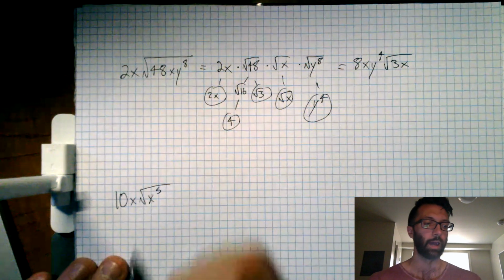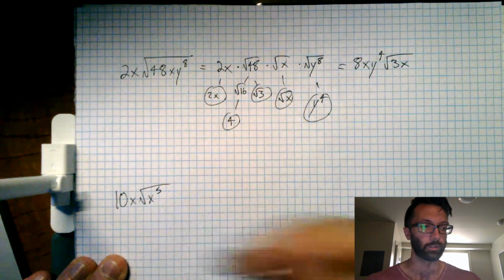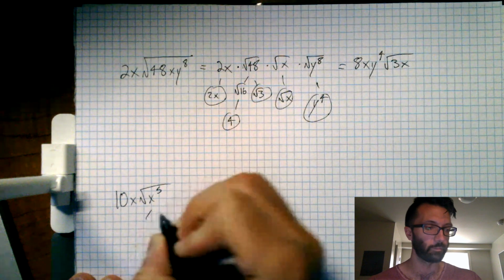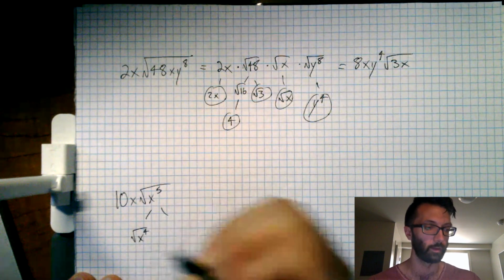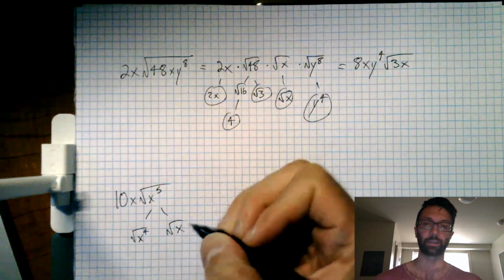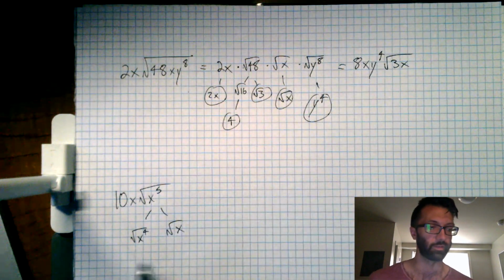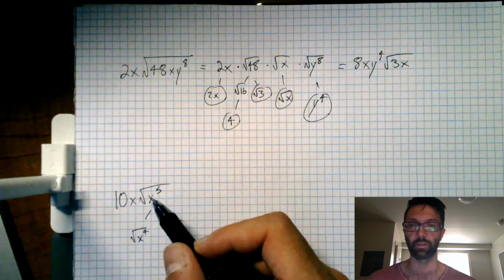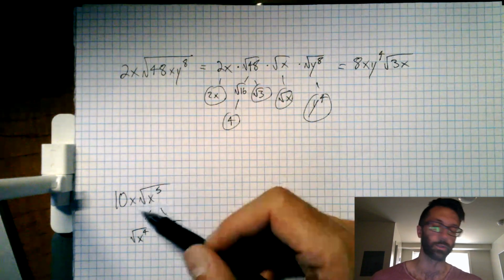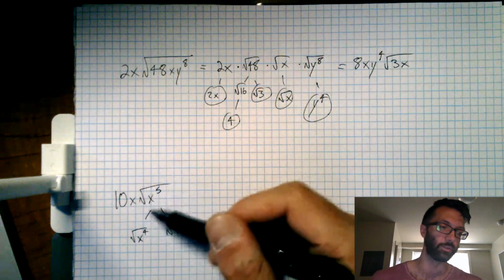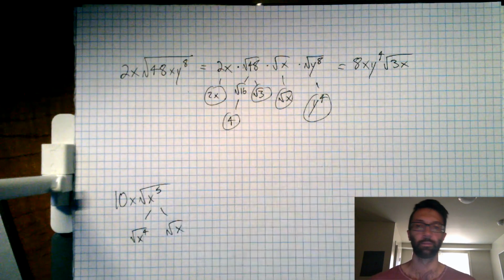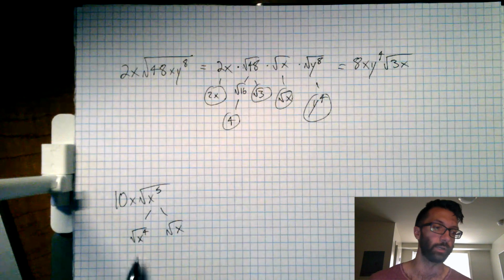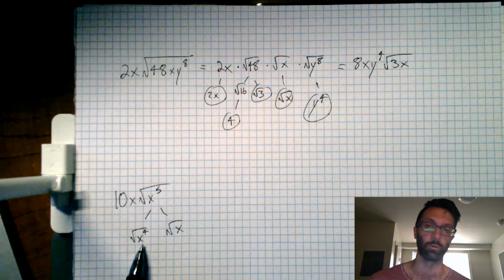And so I'm actually going to break down the square root of x to the 5th into the square root of x to the 4th times the square root of x, because x to the 4th times x gives me x to the 5th. And now what this allows me to do is take the square root of x to the 4th.